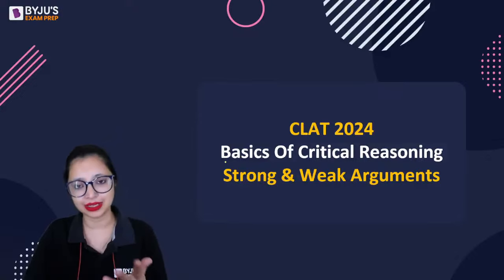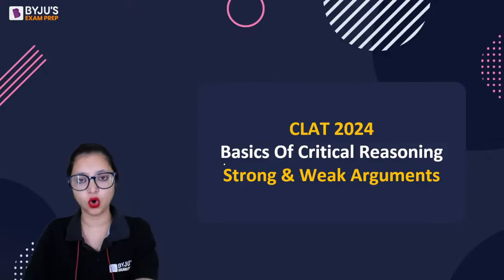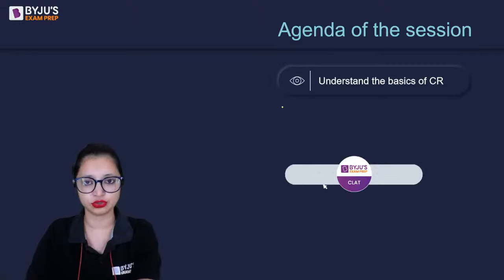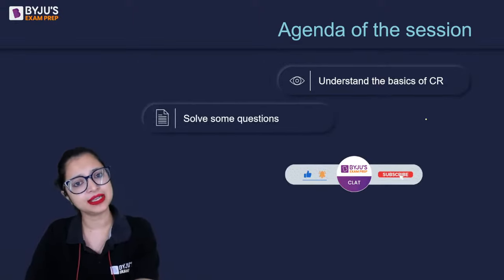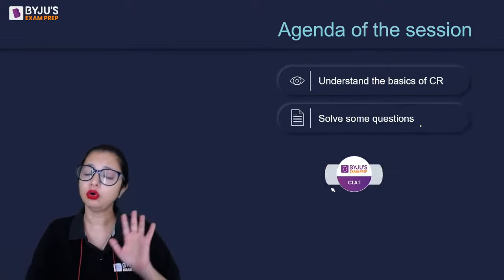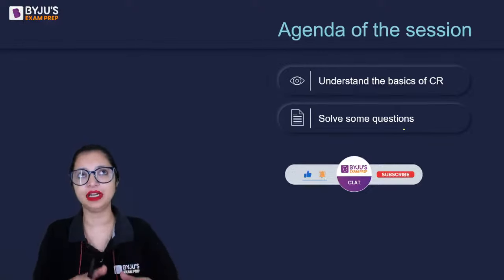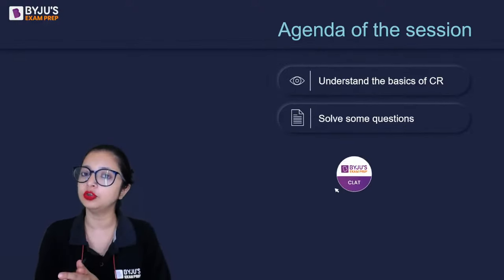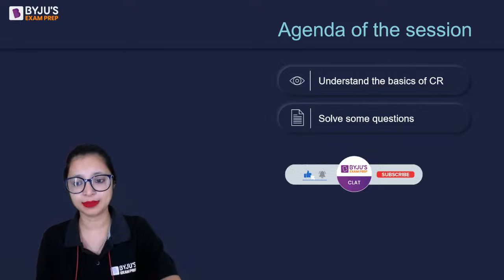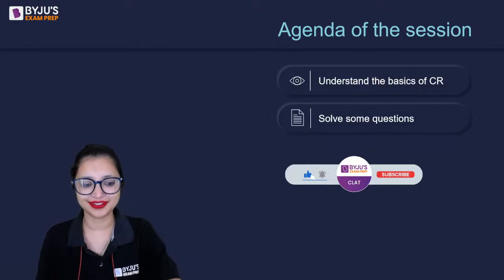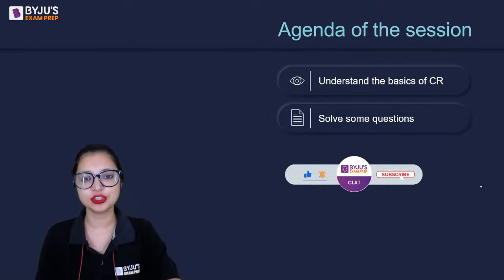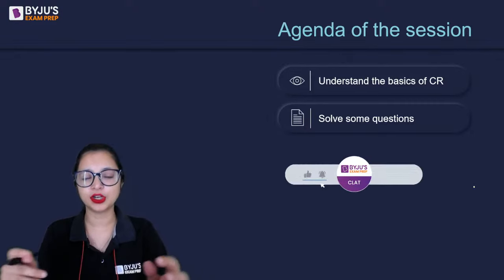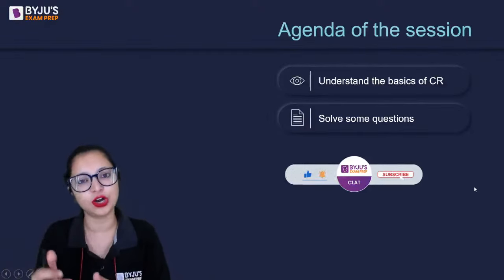Which examination asks us such questions? We'll be discussing all of that in the session today. The idea is to understand the basics and get better with the questions. So we will first understand the basic fundamental of how to approach a strong and weak argument question, and then we'll attempt some questions through which we'll try to understand the approach to solving the question.